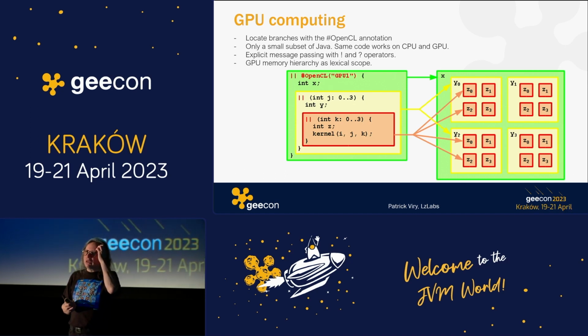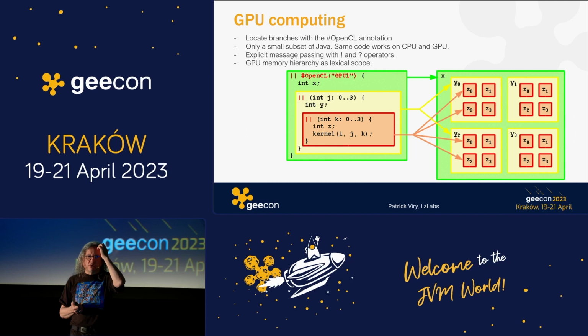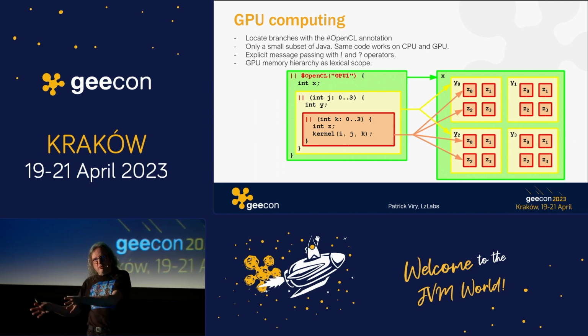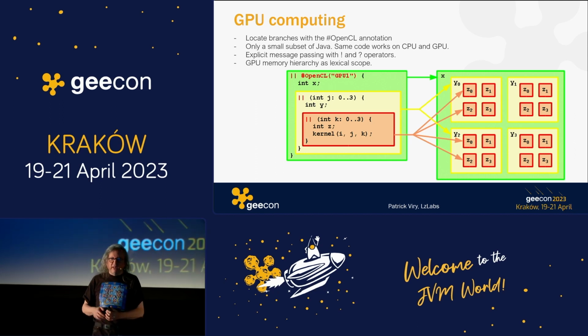Interestingly, we can use the same mechanism for GPU computing, where we have another annotation, here called OpenCL, that tells it to locate the branch on the GPU.